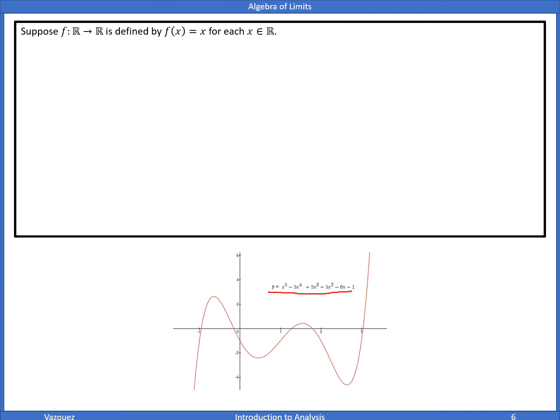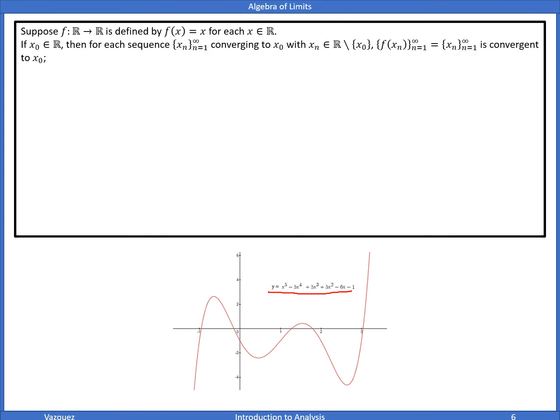No pun intended. So suppose f maps R to R. And suppose that function is defined as f of x equals x, for all x. So we know how that looks, right? That little function. I should draw it over here. That function looks like, oh, it passes through the origin, with slope 1.